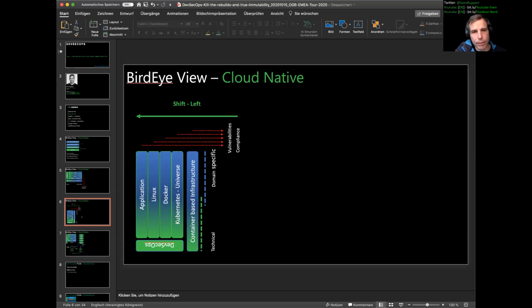So shift left means that you try to push as fast as possible all topics to the left side. It's mostly used in terms of security, but it's for everything. So if you want to have a high quality, you should start as left as possible, so earliest as possible, because if you start with quality just in the last step, then it's most likely that you're not reaching the possible quality.